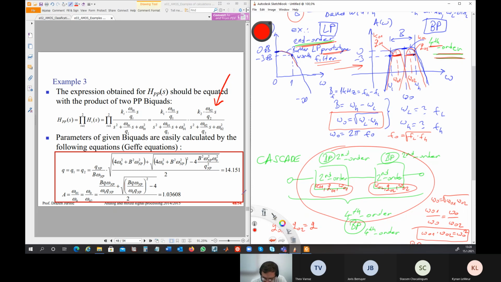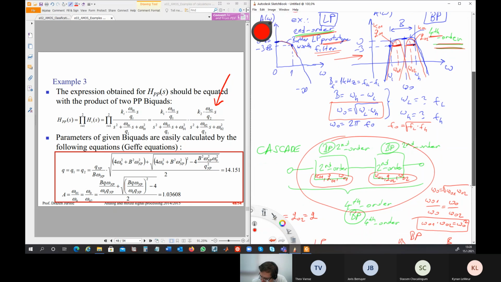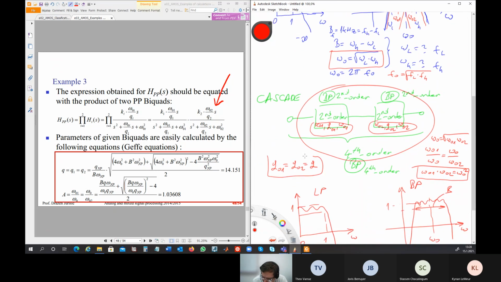So here, after some calculations, we have derived something called Geffy equations. These Geffy equations are well known. From them you can calculate these here and these here using these two equations.